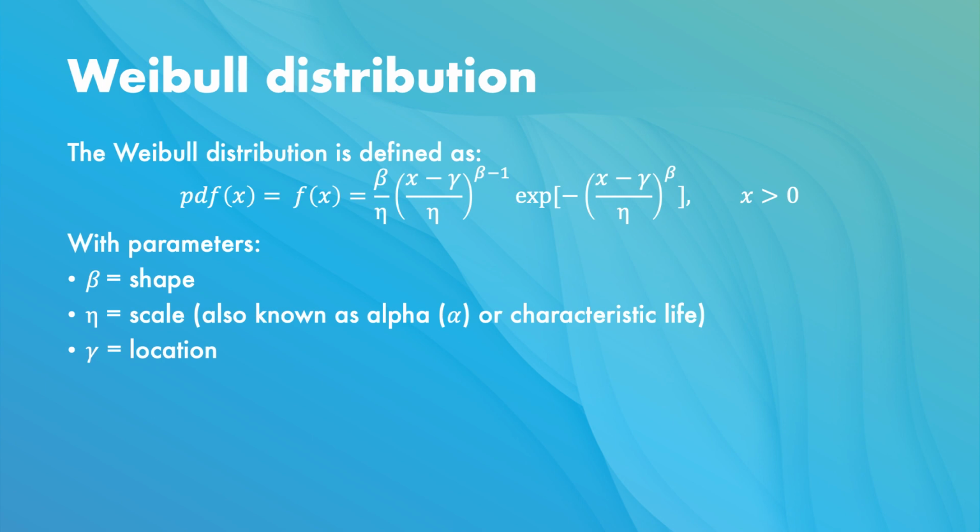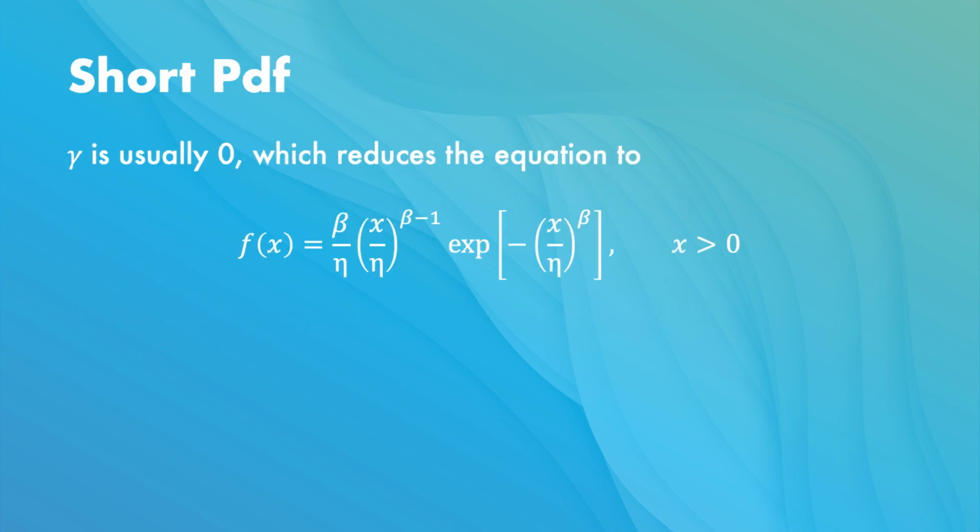The location is not so important because essentially we always locate the Weibull distribution at 0. So we can work with this shorter version. If we set the location to 0, we reduce the equation and have an easier-to-handle equation.